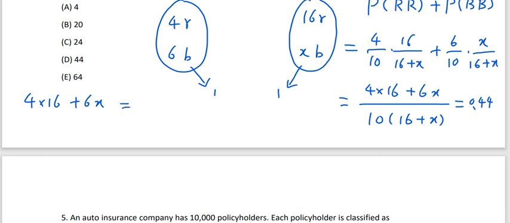So here 0.44 multiplied by 10 is just 4.4. So 4.4 times 16 plus 4.4 times x, right?